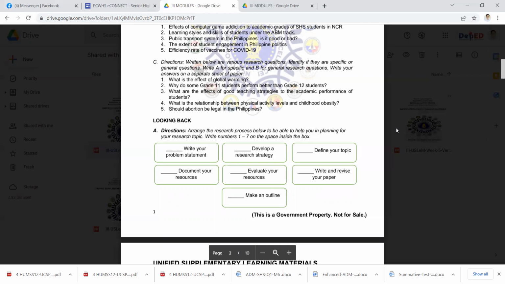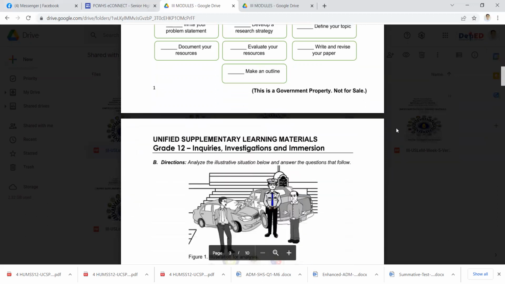The direction is to arrange the research process below to be able to help you in planning for research topic. Write 1 to 7 on the space inside the box. So you just identify which one is number 1, number 2, up to number 7. This is a practice exercise, for you to refresh on the topic that was discussed during your research 1 and research 2.